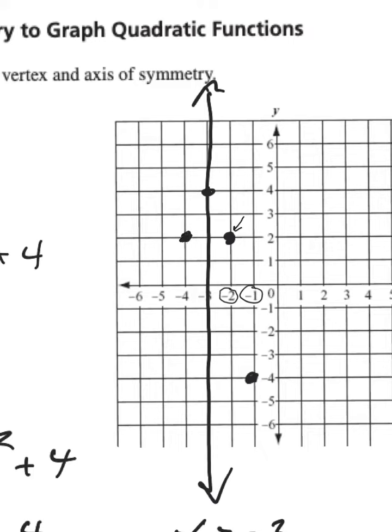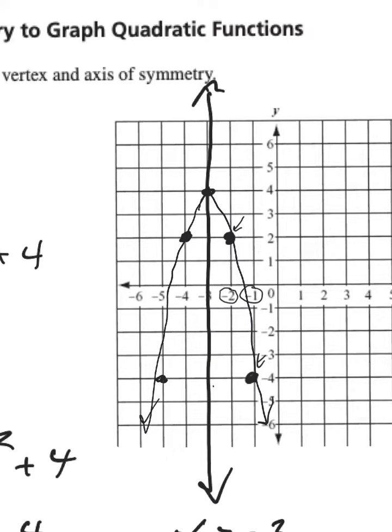Similarly, the bottommost point is two boxes away from the axis of symmetry, so there should be another point 2 boxes to the other side of that axis of symmetry. So by using the axis of symmetry, we can forego having to calculate those other 2 points.